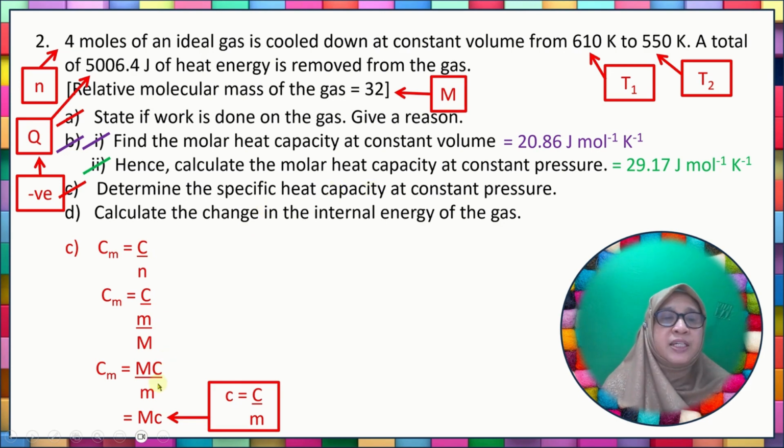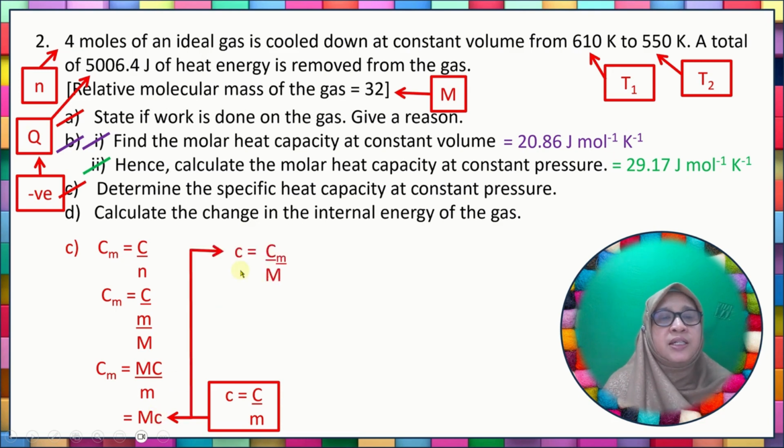Specific heat capacity is heat capacity over mass, because the unit of specific heat capacity is joule per kilogram per Kelvin, so the kilogram is mass. So we replace C over m here with c. So this is what we are going to find.